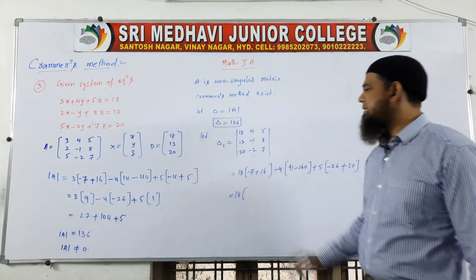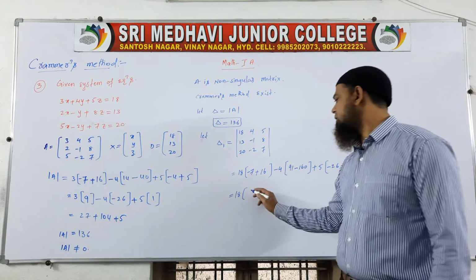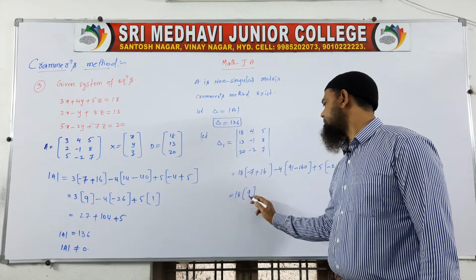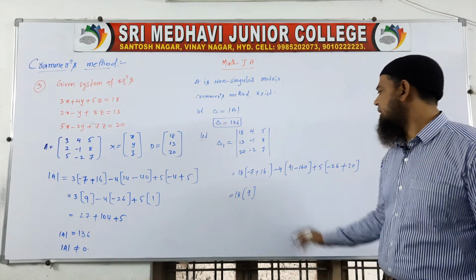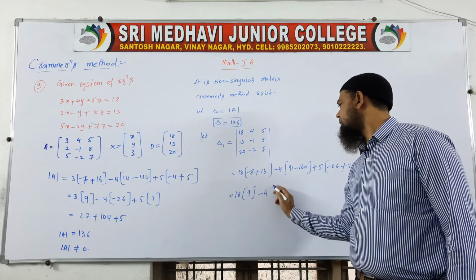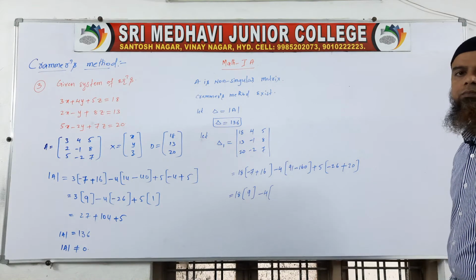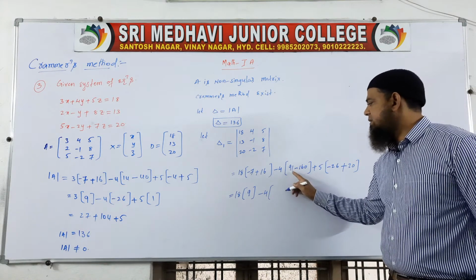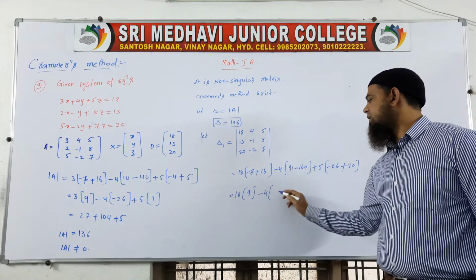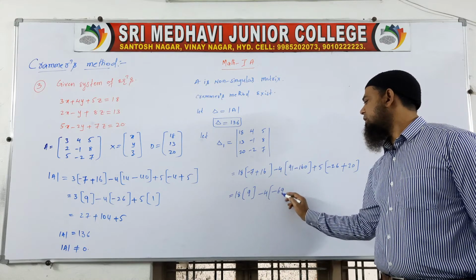18 into 16 minus 7, that is how much? 9. Then minus 4. 160 minus 91. 91 means here 9, here 60, 69, minus 69.